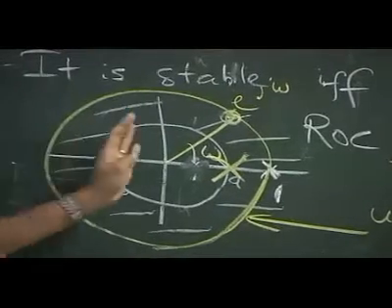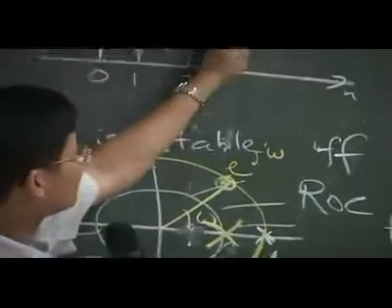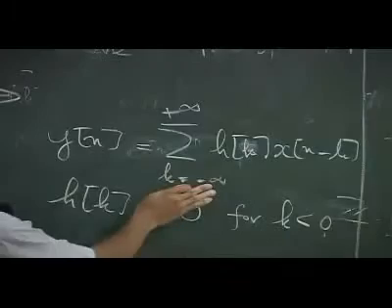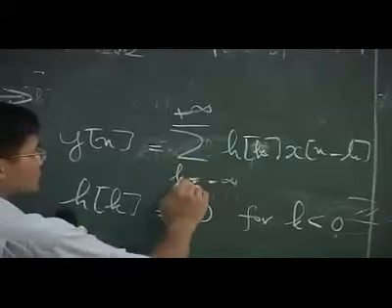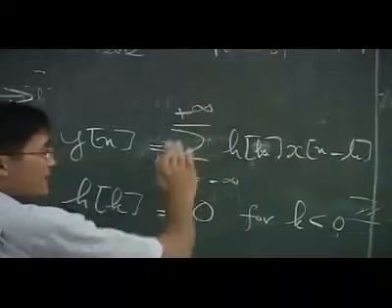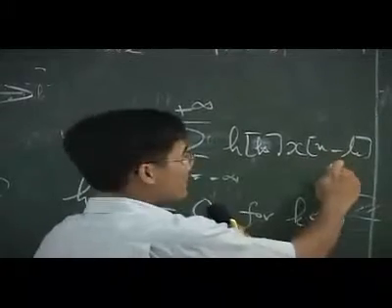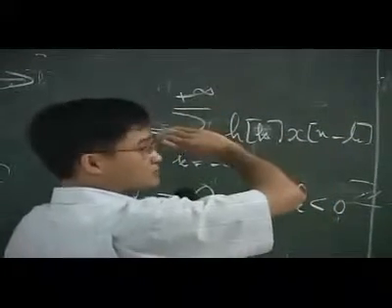For this particular system, I can run k from 0 to whatever value I can. That means I just use x[n-1] and so on. I never use x[n+2] and so on.